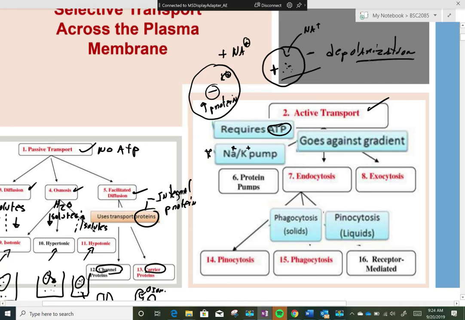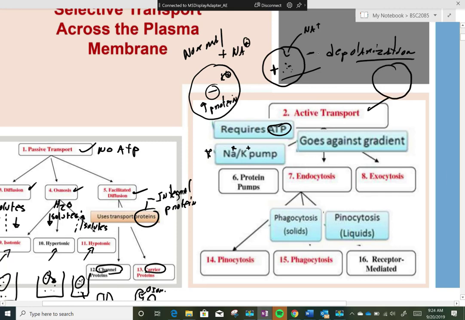So depolarization is you're changing the poles of the cell. The inside was negative, the outside is positive. When you pump it through the ATP use of the sodium-potassium pump, then we call that depolarization. Now, do you want your cells to be depolarized all the time? Is that normal? No, this is not normal, right? So what do you have to do then? You have to put your cell back to normal. What is normal?